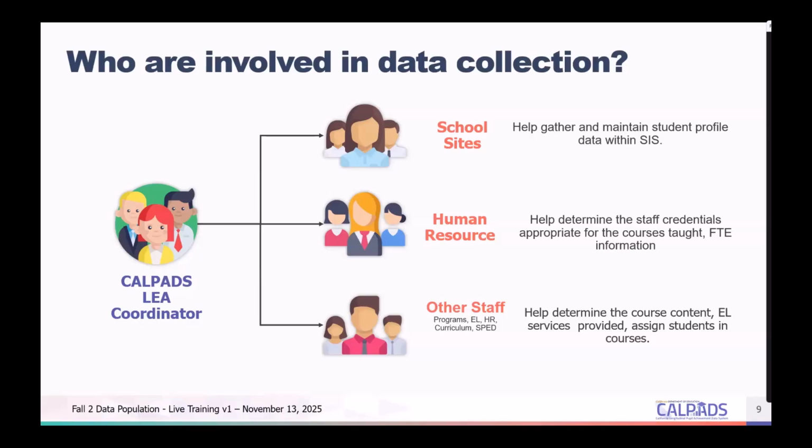You'll also collaborate closely with human resources to align staff credentialing, assignments, and FTE percentages, program specialists for student program data, English learner specialists for EL services, curriculum specialists to verify course standards, and special education staff for students with disabilities. Bottom line, you can't certify Fall 2 accurately or on time without your data team. So start building those connections early and reach out often to ensure the data is accurately reflected.